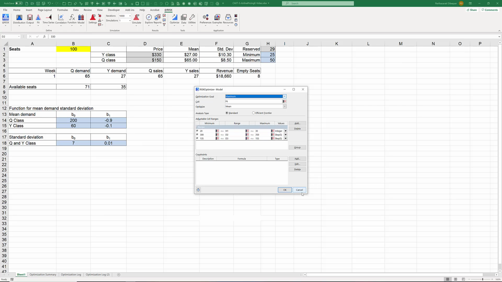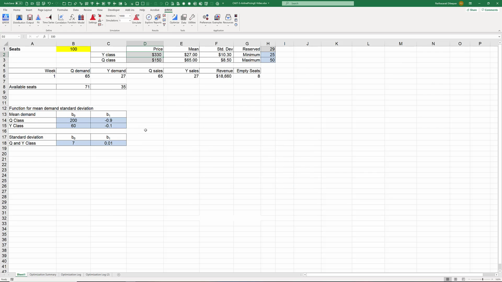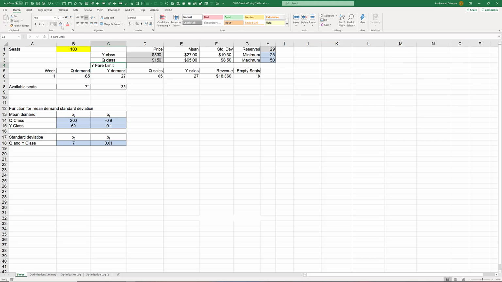Now we want to add a constraint that says that the Y class price cannot be more than 2 times that of the Q class price. We can set up a cell here. There are several ways of getting it done. Let's set up a limit for Y fair, so Y fair limit is 2 times the Q class price.